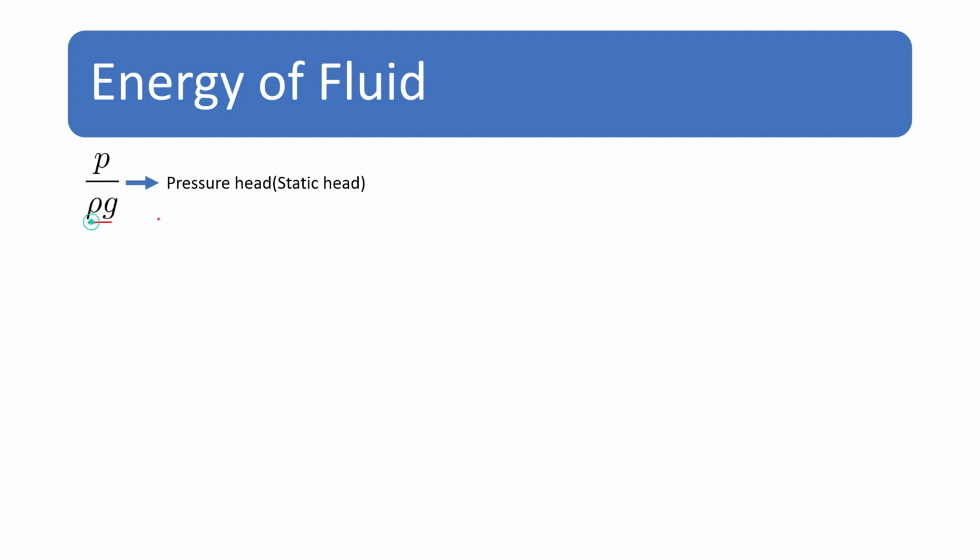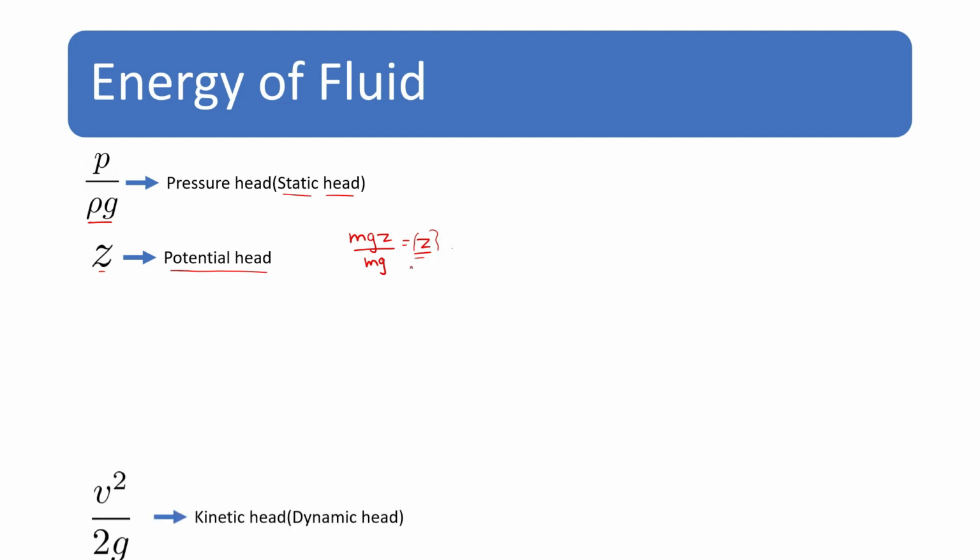First one is the pressure head, also called the static head. And we have the potential head. Potential energy is equal to mgz, so if you divide it by the weight of the fluid, you will get z. So this is the potential head or energy per unit weight.